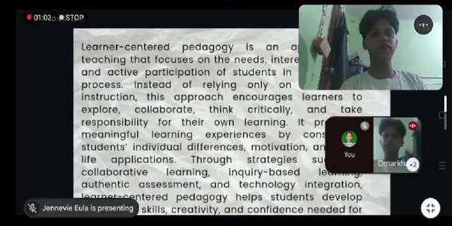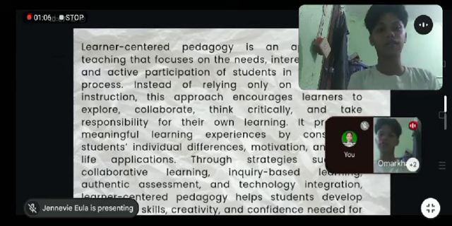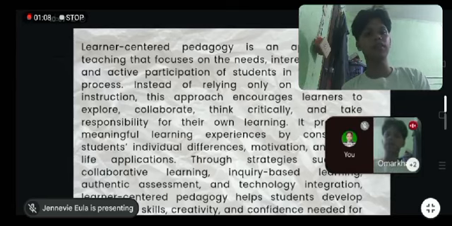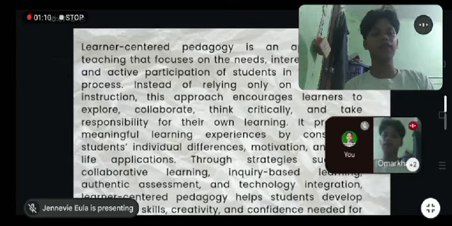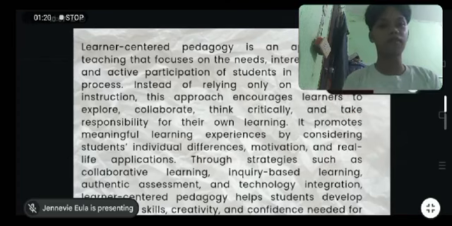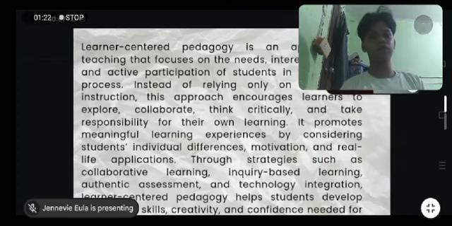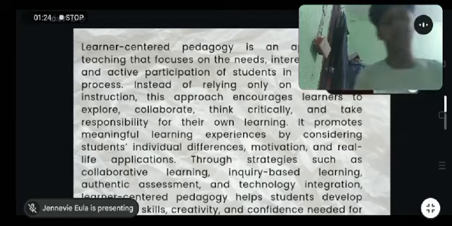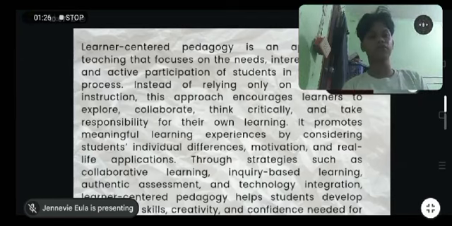It promotes meaningful learning experiences by considering students' individual differences, motivations, and real-life application. Through strategies such as collaborative learning, inquiry-based learning, authentic assessment, and technology integration, learner-centered pedagogy helps students develop knowledge, skills, creativity, and confidence needed for lifelong learning.